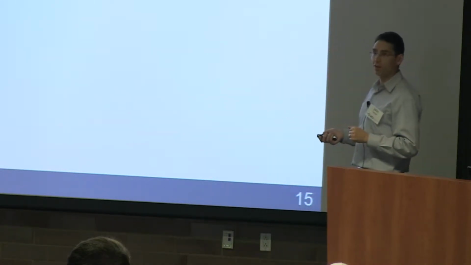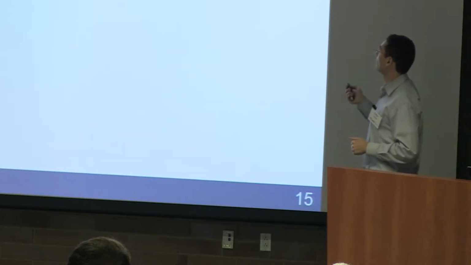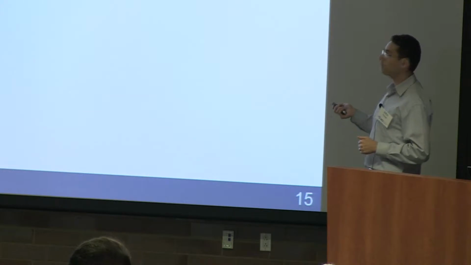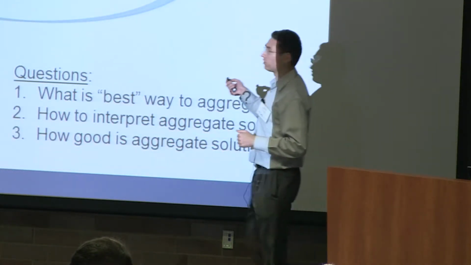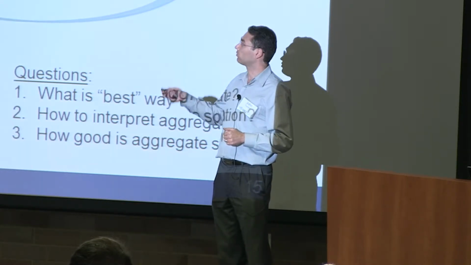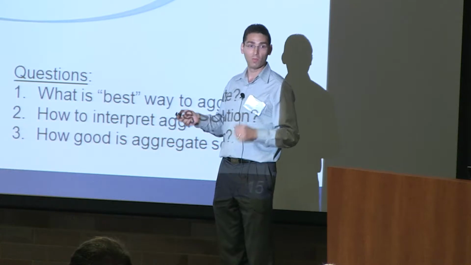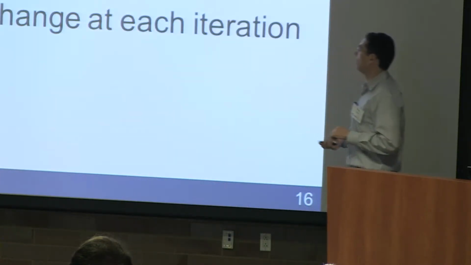And so the answer is you aggregate the problem in an efficient way, right? And we solve this aggregate problem, and if you do this in a good way, you're able to get a solution that is in fact very close to the optimal solution for the true disaggregate problem without ever solving this true disaggregate problem. Okay?